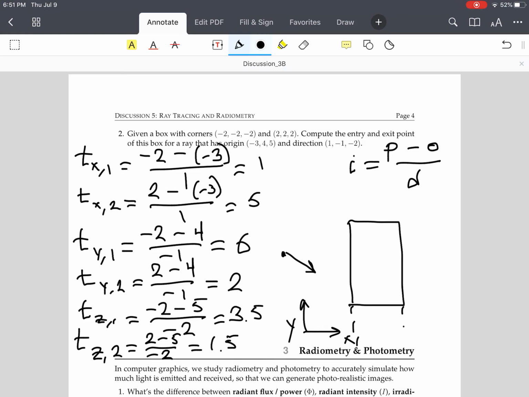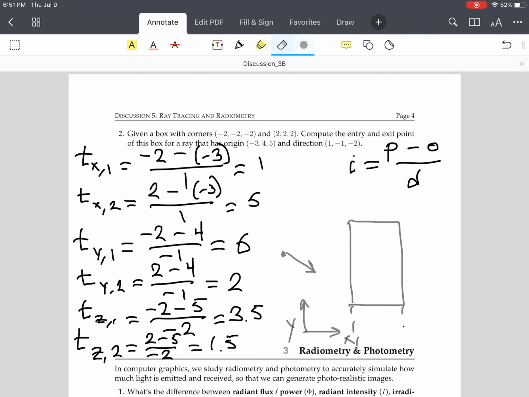The bottom corner. And so essentially, the lower time is telling us the first time it's within the box, and the higher time is telling us when it leaves the box. Okay, so in the x direction, between t equals 1 and t equals 5, we're within the box. In the y direction, between t equals 2 and 6, we're in the box. In the z, between t equals 1.5 and 3.5, we're in the box.